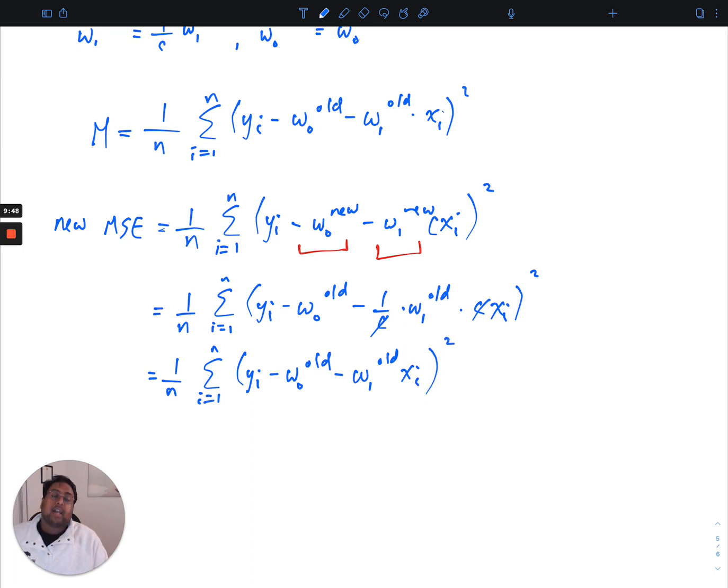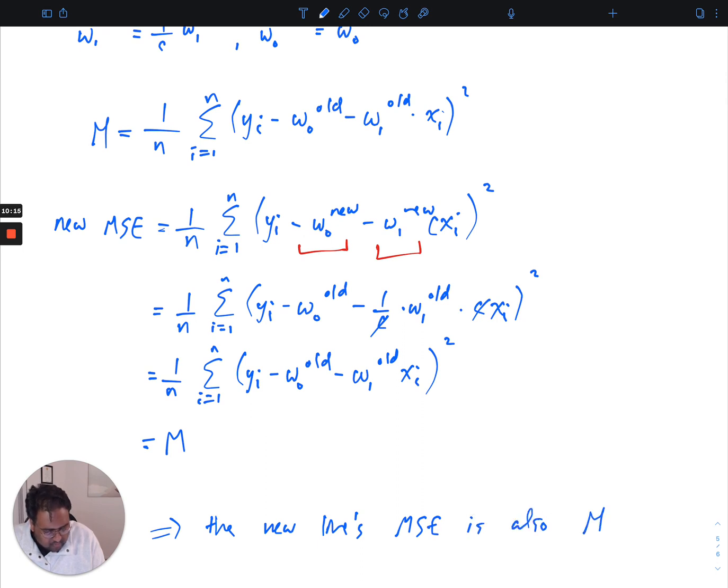And this looks shockingly similar to the mean squared error of the old regression line before we multiplied everything by c. And in fact, it is the same. It's exactly the same. Right? This right here is no different than this right here. So the answer is the new line's MSE is also M. And we just proved it.